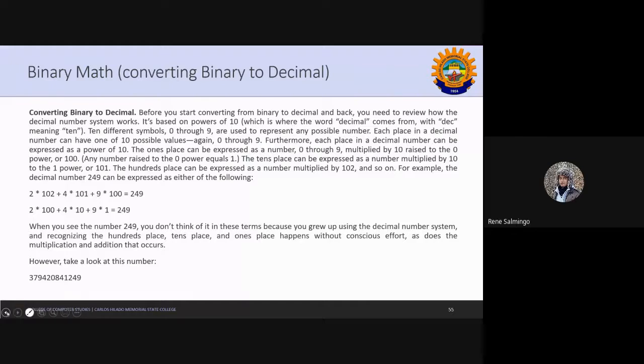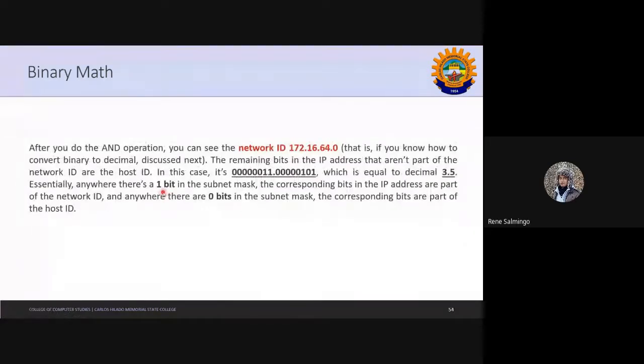So again, as I repeat, 1 bits in the subnet mask represent the network part of the IP address, and 0 bits in the subnet mask represent bits in the host ID. So this one, which one is your host ID? This one is your host ID.